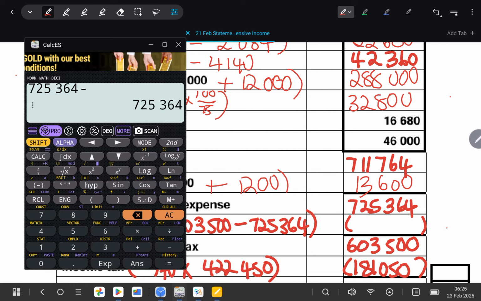Remember, you have to use the bottom-up approach. So 725,364 minus 603,500, it's 121,864. So our interest expense is 121,864.